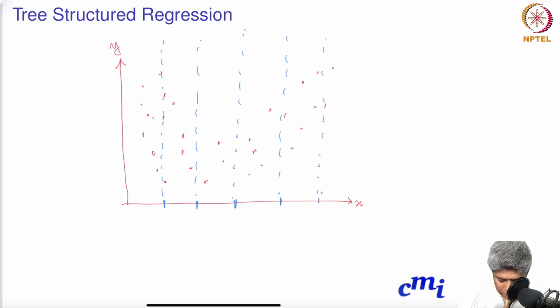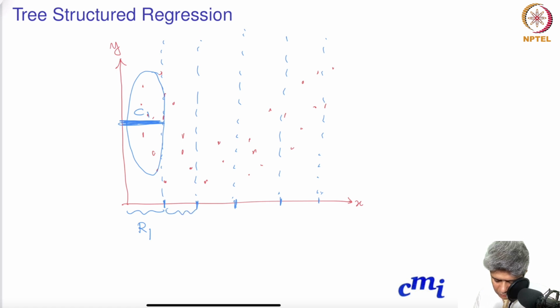In this partition, these are the points. What is the average of y of these points? Somewhere here. So this is my C1. This is R1 and this is C1.